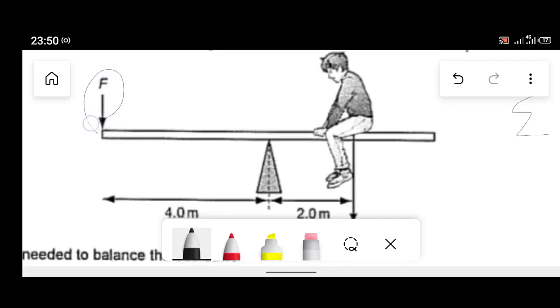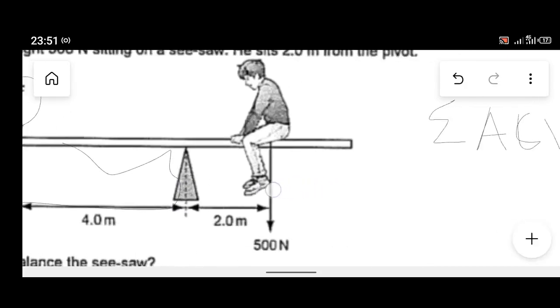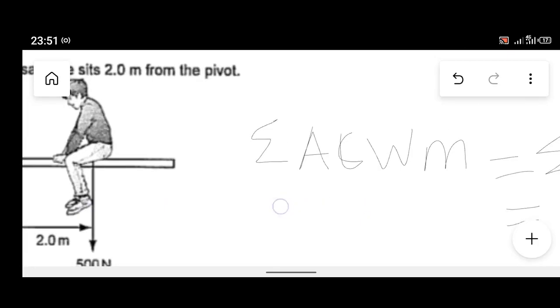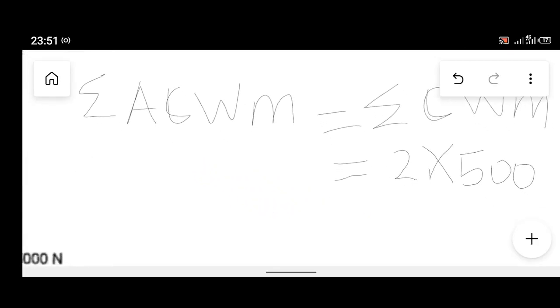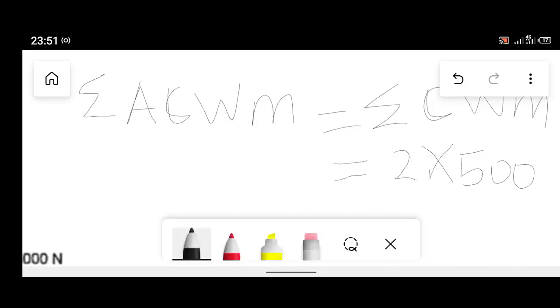This one here, this is applied force, and the distance is 4 meters from the pivot. Okay, so let's go back to the solving part. There we're going to multiply F, which is the unknown force, times what? The distance from the pivot.